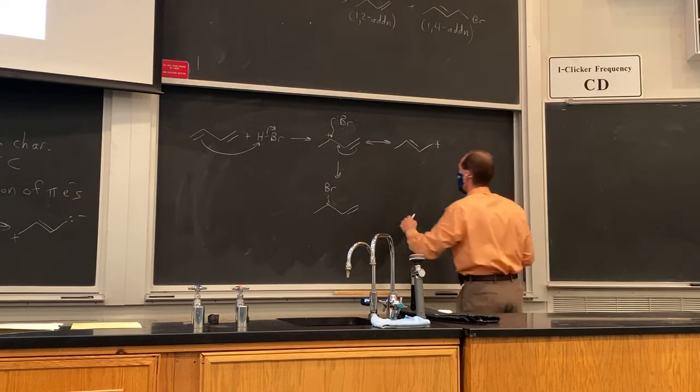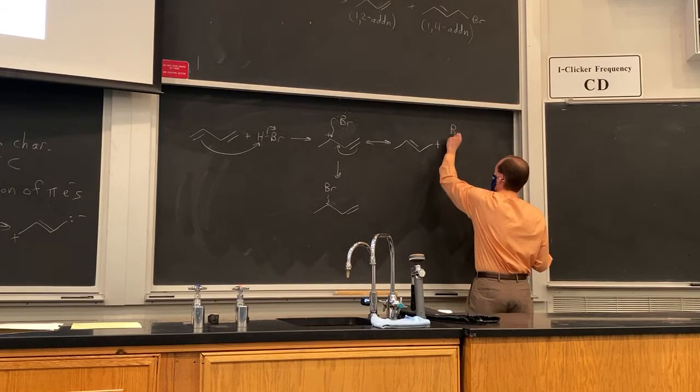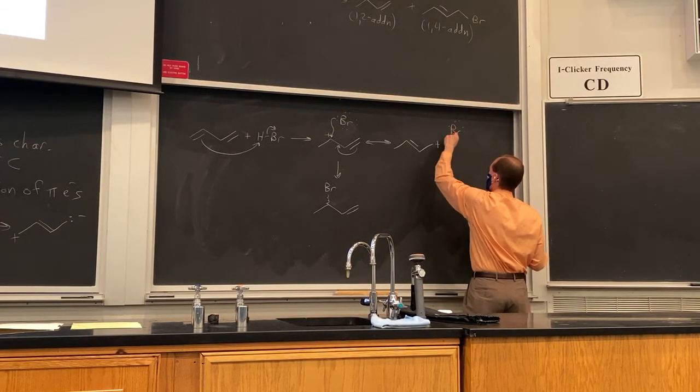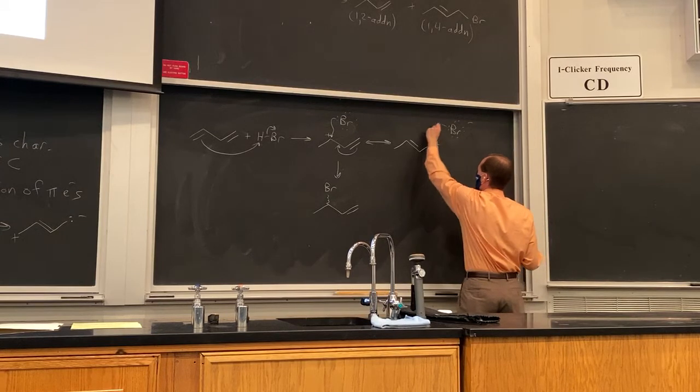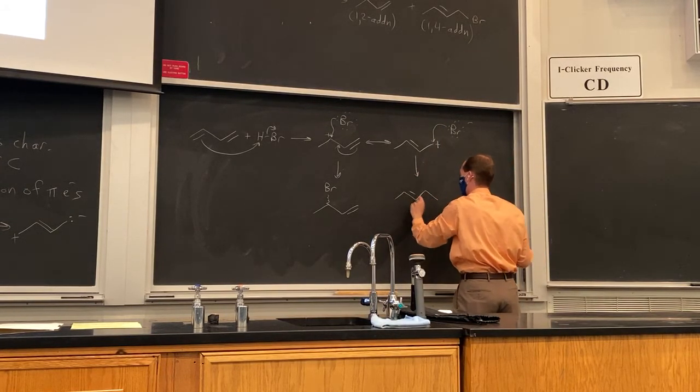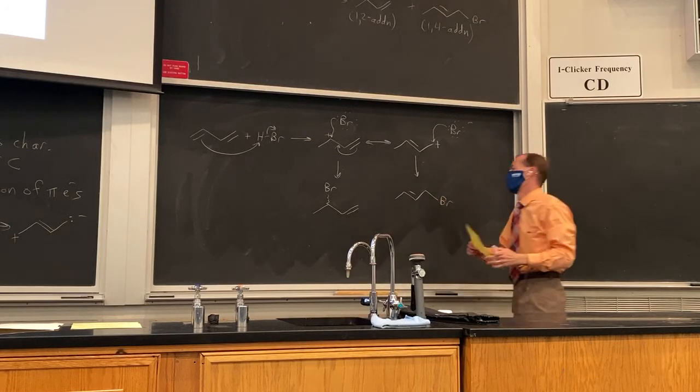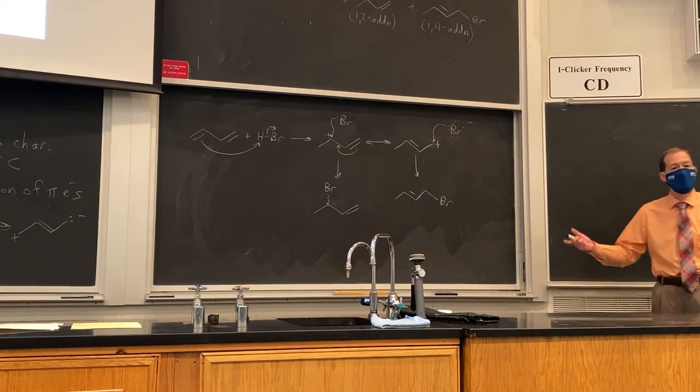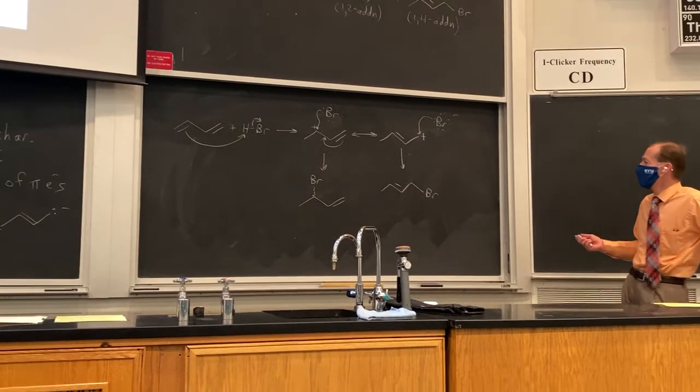Okay? But if the bromide attacks the carbon at the end of the chain, then we obtain the 1,4 addition product. Okay? So that's how we obtain the two different products in this reaction.